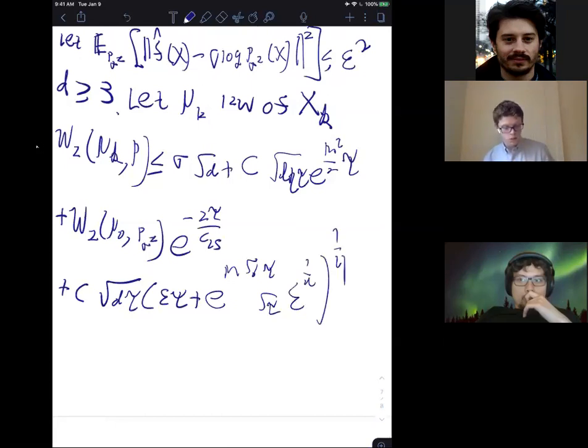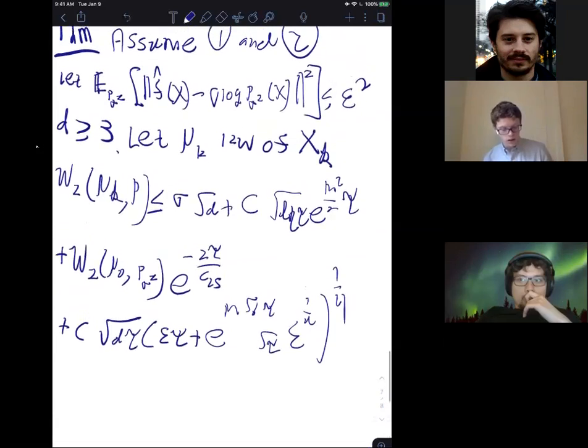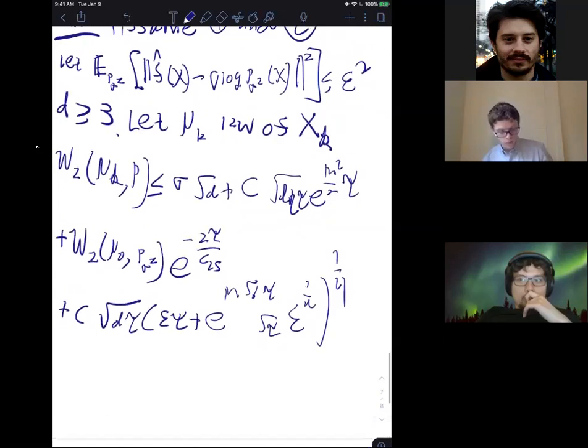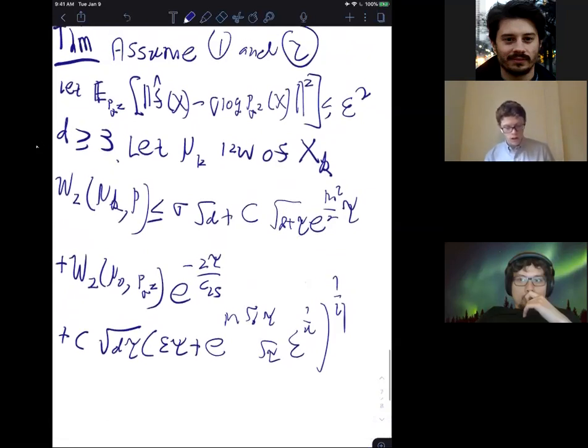And so you may ask why I include all of these ugly terms. Maybe I should break some of this down. Sorry, this might not be super legible. First of all, this C_LS we're going to get to in a second, but it's just a constant. And what we notice is that τ is equal to kη, it's the time parameter.